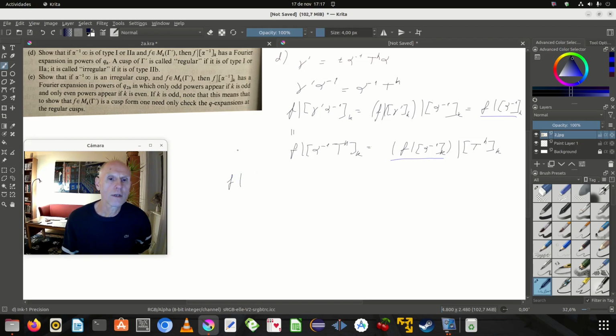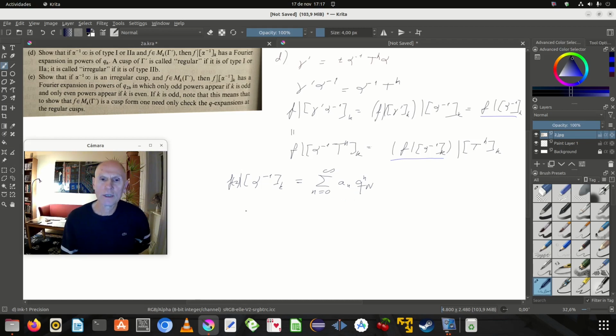And we know that it has the expansion f of z has the form, alpha is not a good one here, the sum of a_n q to the nth.